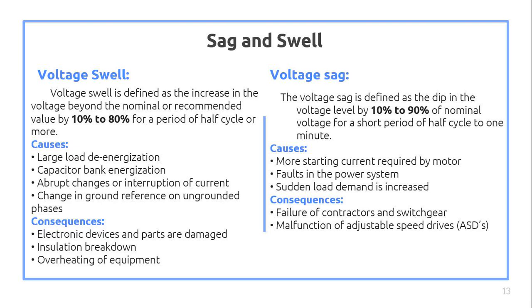Now, causes of voltage sag: more starting current required by motor, faults in the power system, sudden load demand increased. Consequences: failure of contactor and switchgear, malfunction of adjustable speed drives.